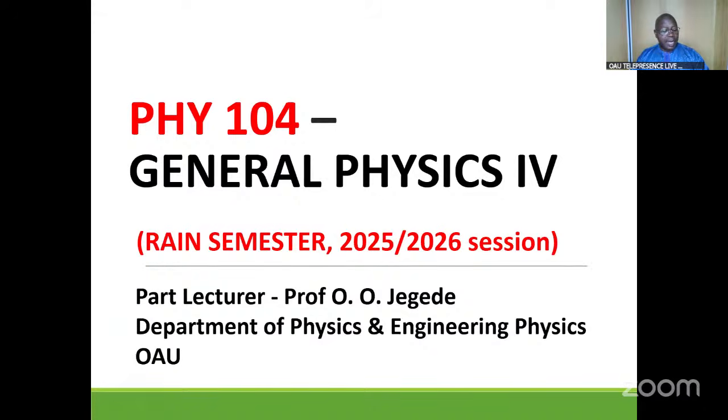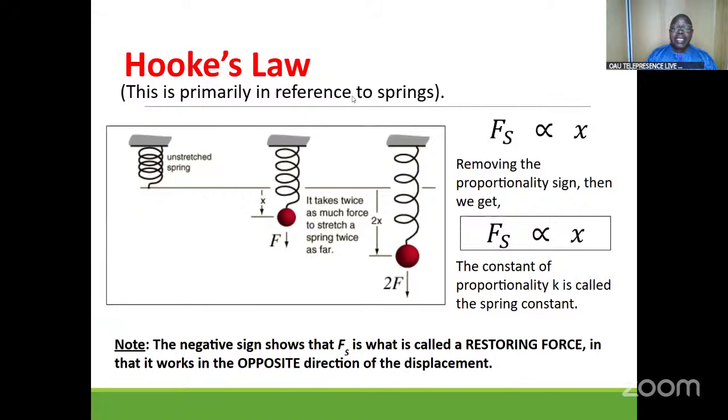In the last class, I was trying to explain that motions are of different types. We have linear motion, which we are accustomed to. We also have circular motions, and we have oscillatory motions, whereby the body moves back and forth.